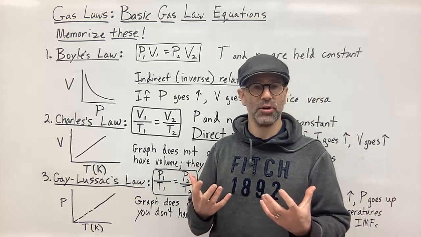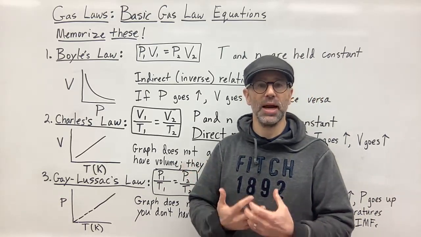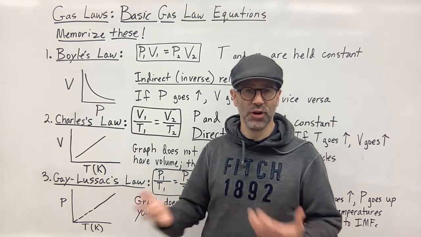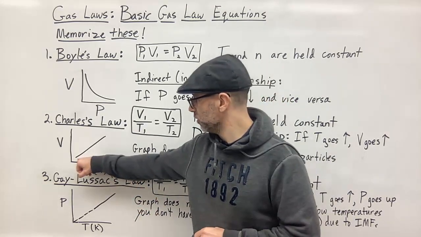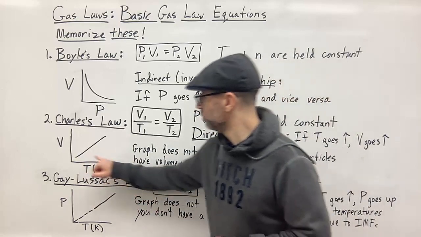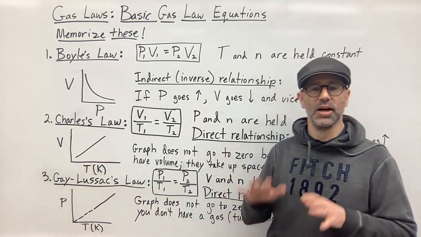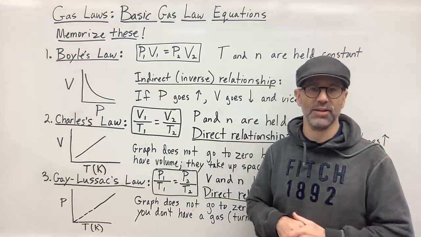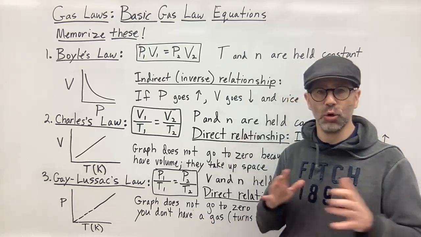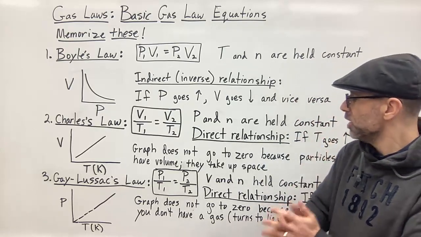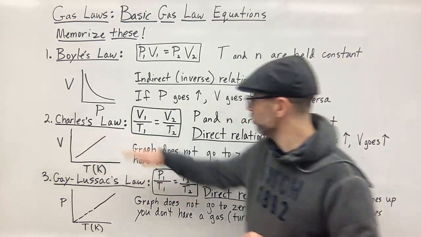Gas particles are made out of mass, they're made out of matter, they have volume, so there's no such thing as getting to zero volume. So that's why it doesn't go all the way there. So the gas laws, at least what we call ideal gas laws, don't apply at low temperatures and high pressures. Okay, so that's Charles' law.